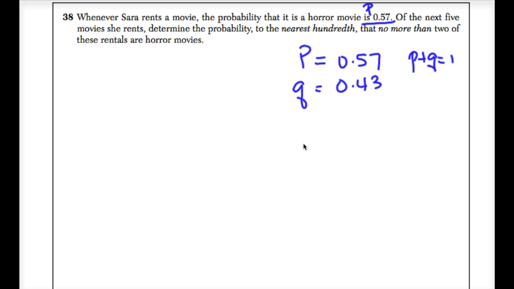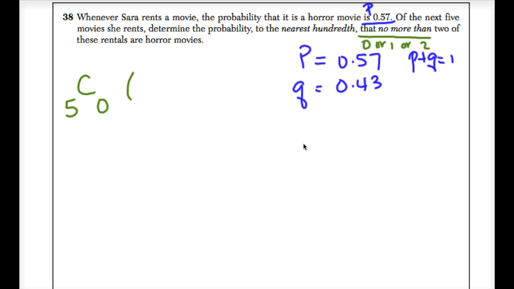Of the next 5 movies she rents, determine the probability, to the nearest hundredth, meaning 2 decimal places, that it will be no more than 2 horror. So no more than 2 meaning it can be 0 or 1 or 2. So we need to find the probability of each. There are 5 movies, choose 0 if there's no horror movie.